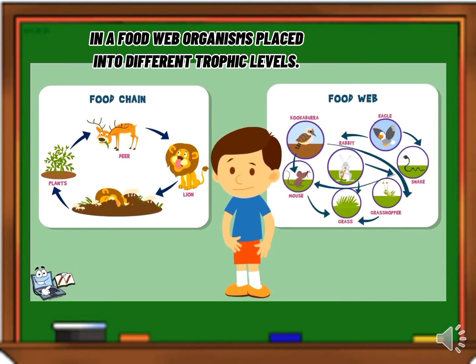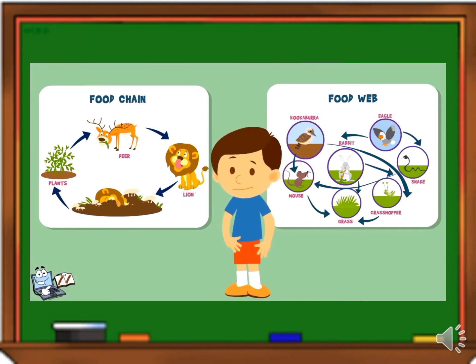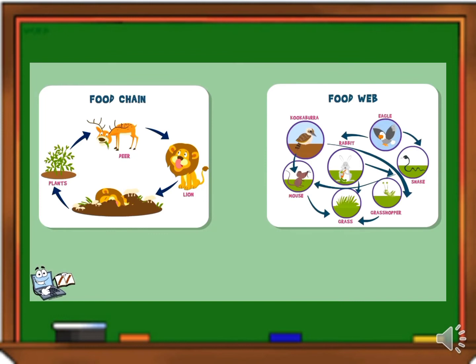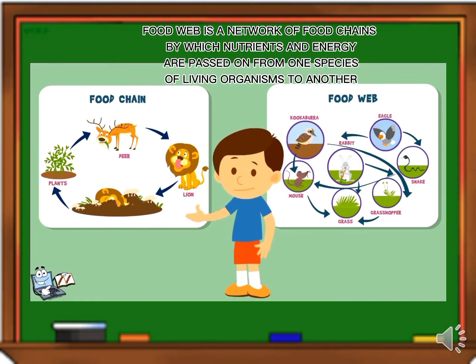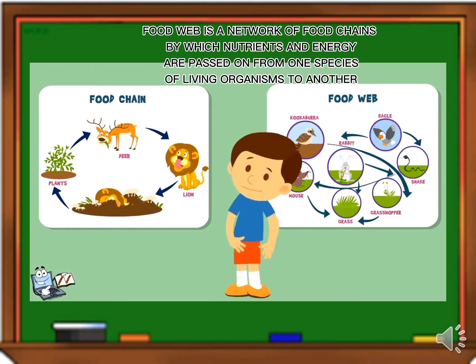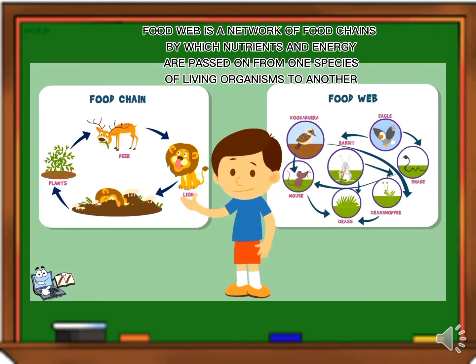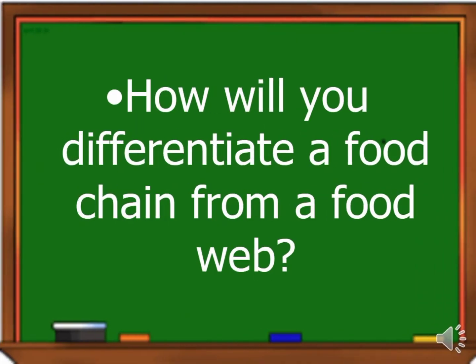In a food web, organisms are placed into different trophic levels. A food web is a network of food chains by which nutrients and energy are passed on from one species of living organisms to another. So class, how will you differentiate a food chain from a food web?